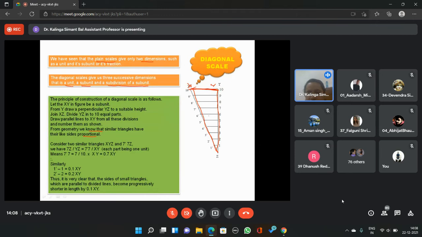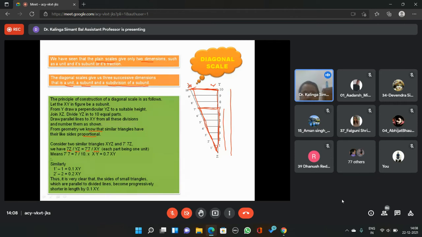And the second triangle we take is 7, 7 dash, Z, the second triangle. So based on the concept of similar triangles, what we can write is that 7Z, which is this one, by YZ, which is this one, is equal to 7 7 dash, which is this one, by XY. So this is the relation that we can write from similar triangles.